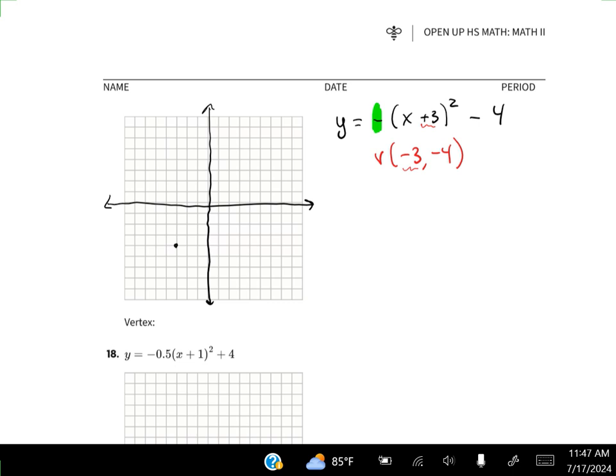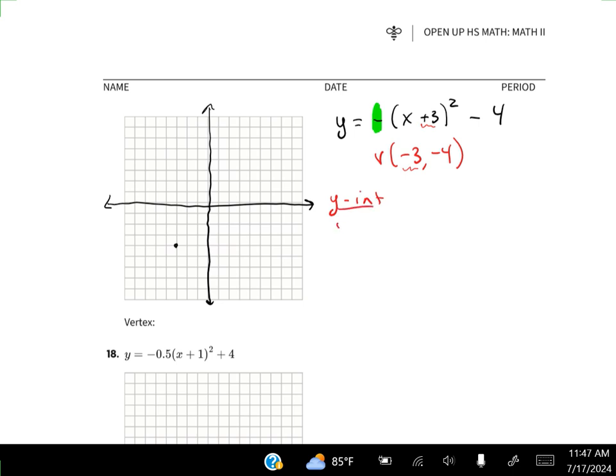So, easy point for us to find would be the y-intercept. We can find the point symmetric to the y-intercept. And then again, we can plug in 2 more points. It doesn't look like we're going to have a whole lot of space for this, but we can kind of sketch where they would be. So let's go ahead and find the y-intercept.